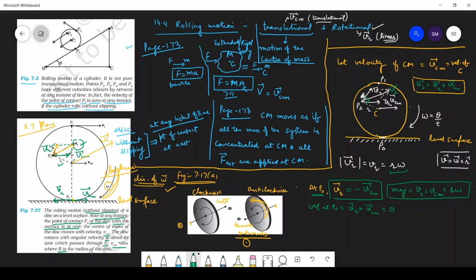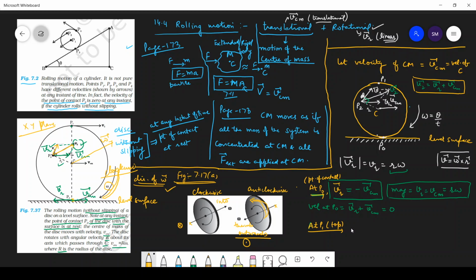Incidentally, this means we can find the velocity of point P1, which is at the top. Now what will be the velocity at point P1, which is at the top, just opposite to point P naught, the point of contact?